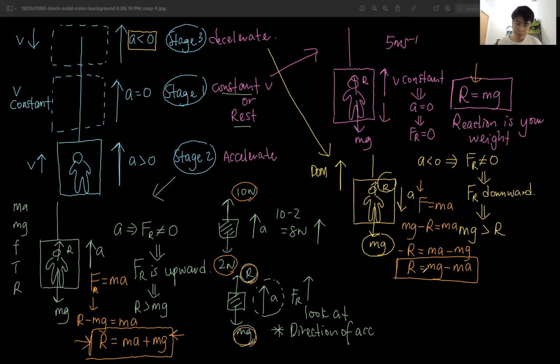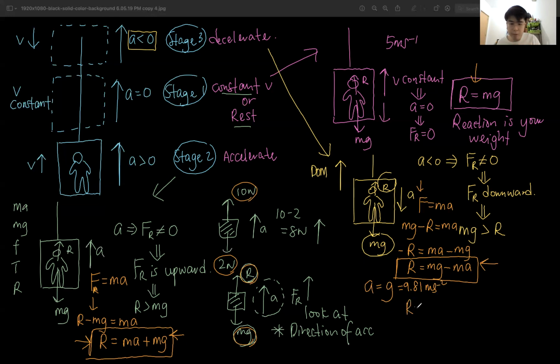Right? So from here, like I mentioned just now, when you jump out of the airplane, what is the acceleration? You're falling under gravity. So your acceleration will be equal to the gravitational acceleration, that's 9.81 meters per second squared.